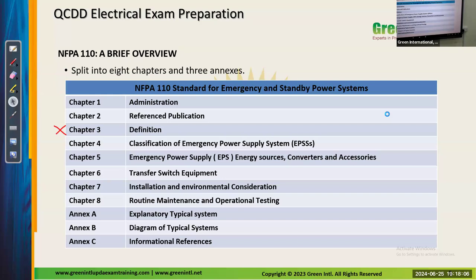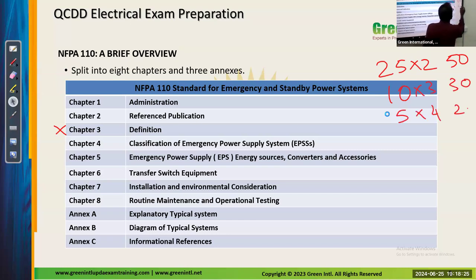Today one engineer told me: 25 into 2, 50 marks; 10 into 3, 30; 5 into 4, 20. That is 100 marks, and a total of 40 questions.